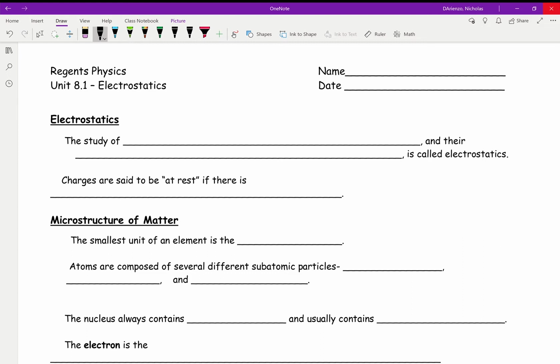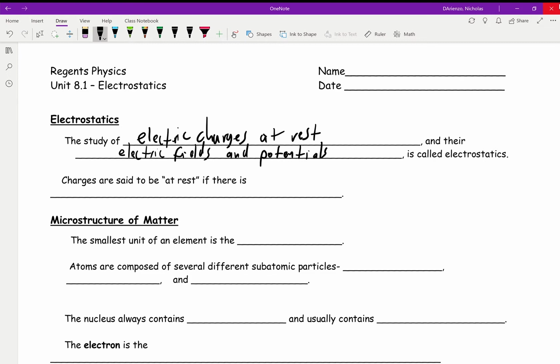So to start here, the study of electric charges that are at rest, as well as their electric fields. So electric fields around different electric charges and their potentials, which we'll talk more about later, is what we call electrostatics.